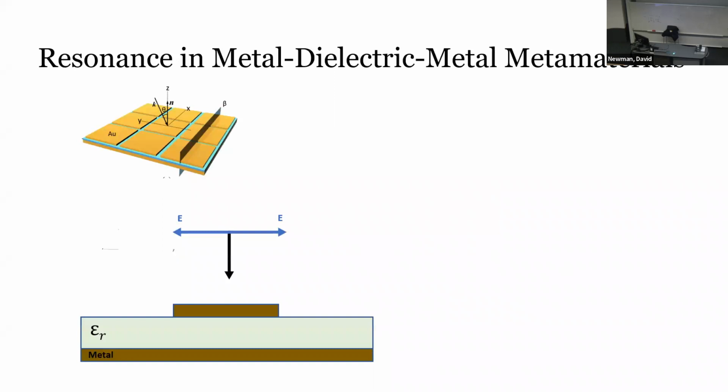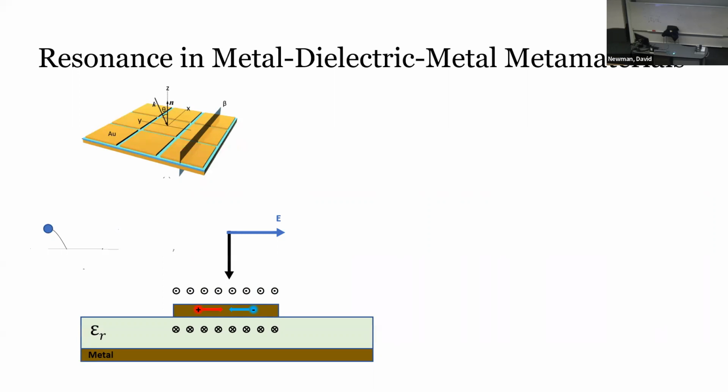These are some of the first devices that we tried to simulate and test, to see whether the phase change material would be useful. The basic idea here is that we apply an electric field to one of these squares, and this causes the electrons to move in this metallic square, and this will create a magnetic field around it.